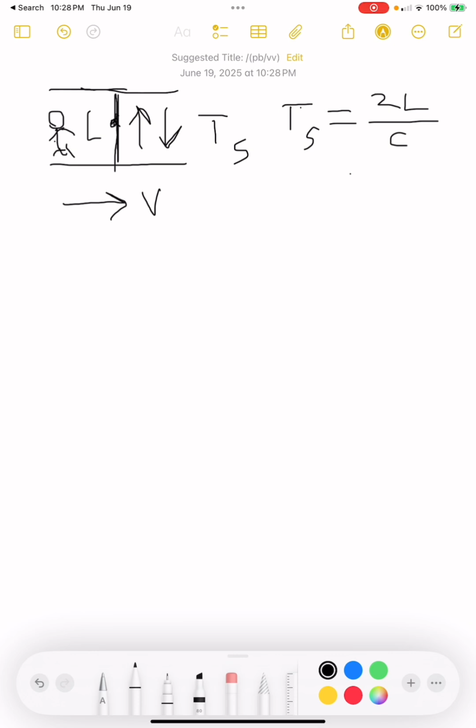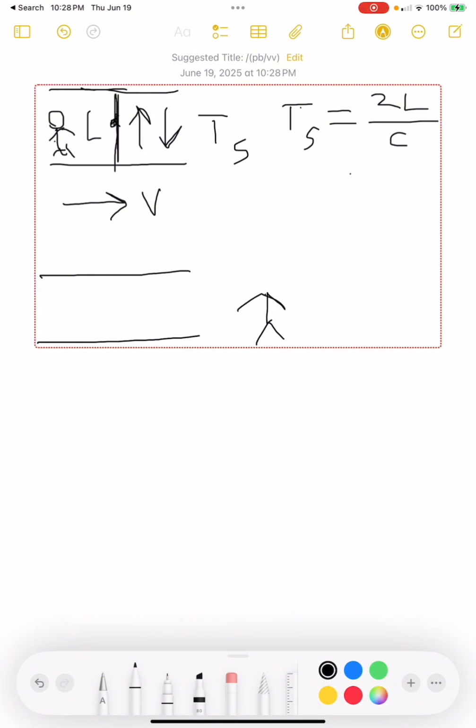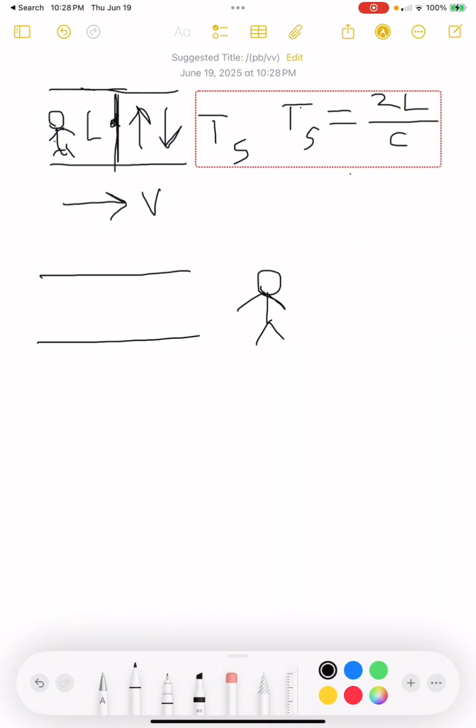But how do we use that to know what the time on Earth is experiencing? Well, from an outside viewer, let's say he's right here, he's not going to experience it like this over here. He's going to see the light go like this. He's going to see it travel like that.